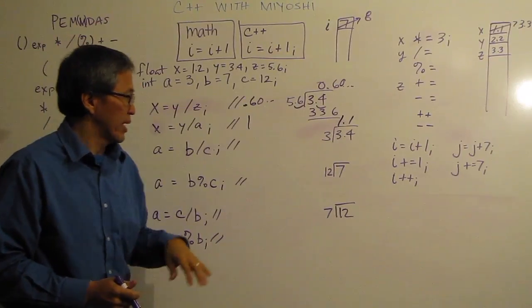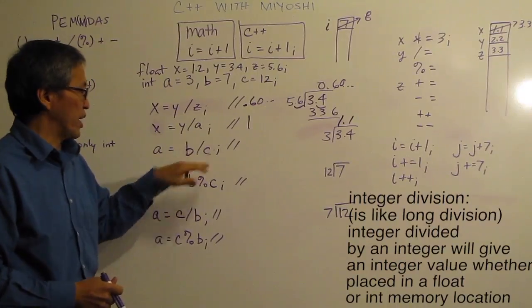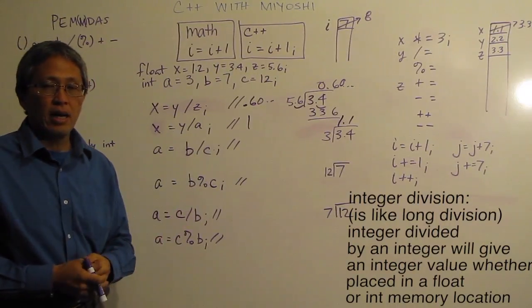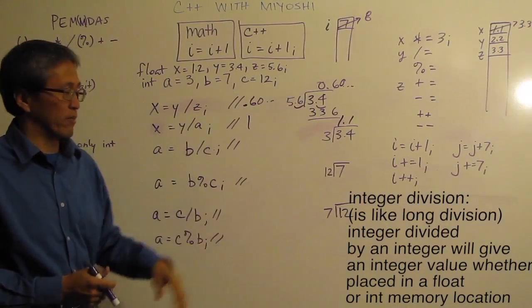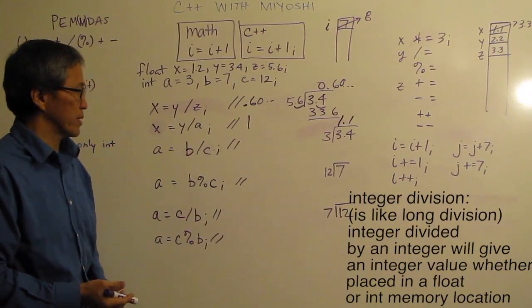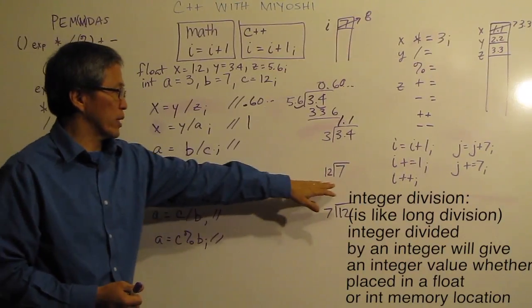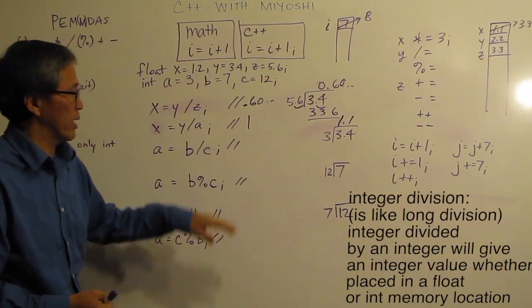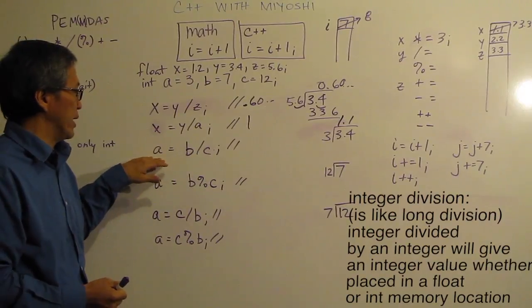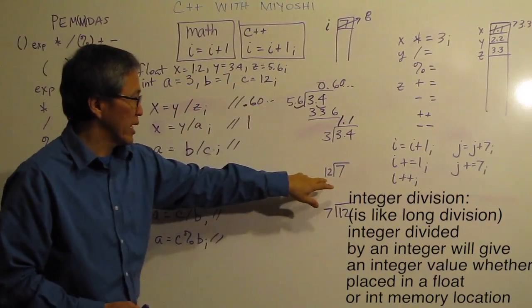Okay? If we have integer division, that means an integer divided by an integer, then it does something different than you might expect it to, especially if you've been doing math for a while. What it's going to do is we're going to look at the long division and I'll show you what it does by doing the long division. So if I have a as assigned the value b divided by c, if b is 7 and c is 12, here's my division.